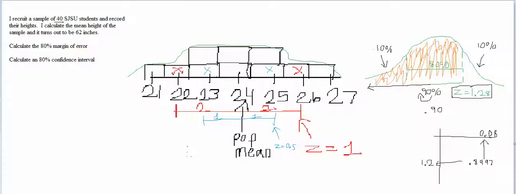And if we wanted to get the 80% margin of error, we could just multiply the 80% confidence coefficient by the population standard deviation over the square root of sample size. Remember, we discovered that this formula gives you the margin of error that you're looking for.